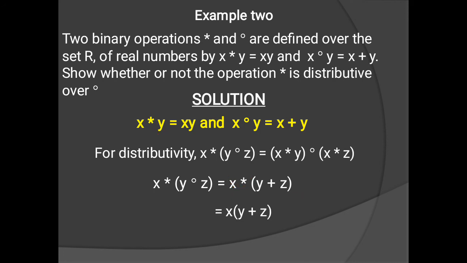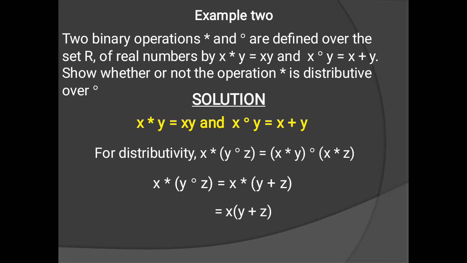So that is first one times second one. Our first one is x, times our second one, which is y plus z. Right, so x times y is xy, then x times z is xz.